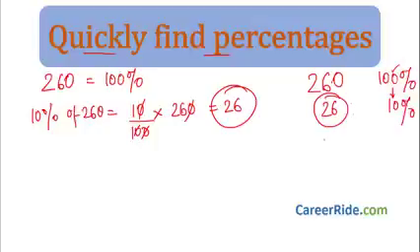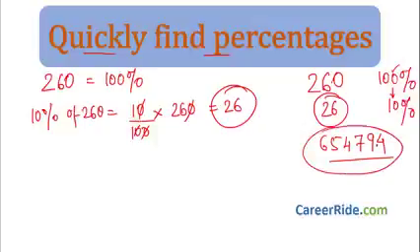Take any other example. Say we take 65,4794. Take this number. What is 10% of this? Simply put one decimal point. This is 10%. Now let us take again an example of 350. If someone wants 20%, what will you do? What is 20%?